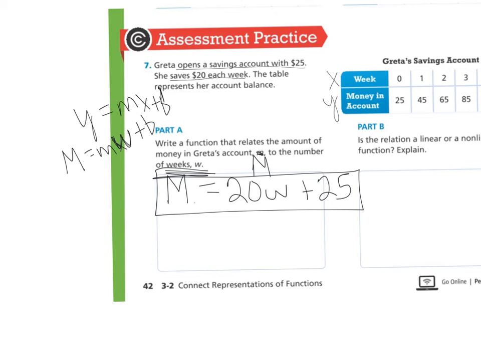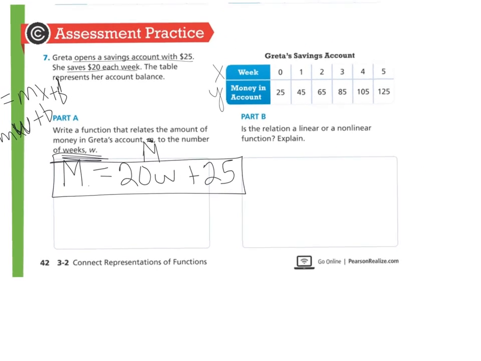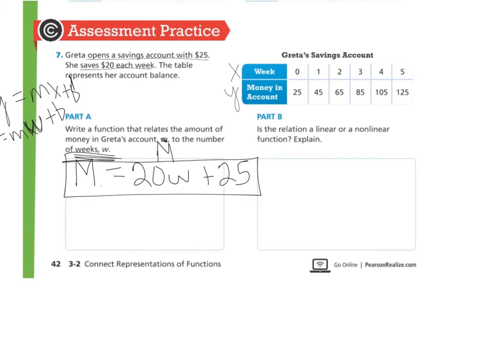And then the question is whether it's linear or nonlinear. And this would be linear, right? Okay, and we could say for this one, linear because it goes up $20 every week.